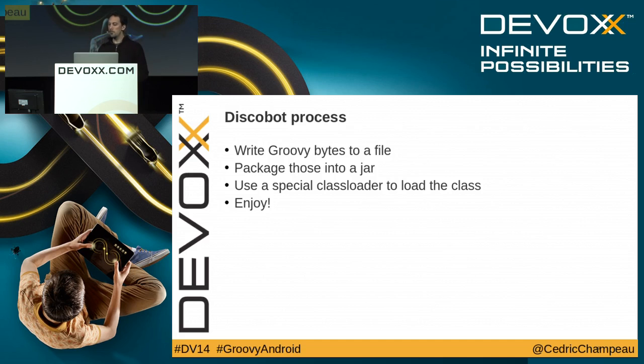So we have a problem actually, because I said that Android doesn't let you do that. Actually, it's not really true. You can do that because they have done it. What you have to do is write those Groovy bytecodes into a file, okay? Package it into a jar file, and then you can use a special class loader inside the Dalvik runtime just to load that file.